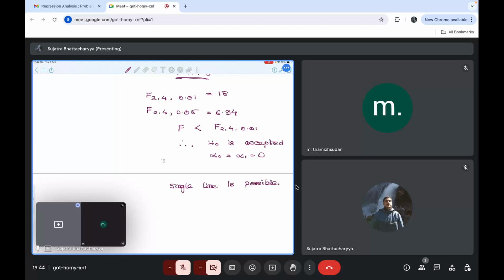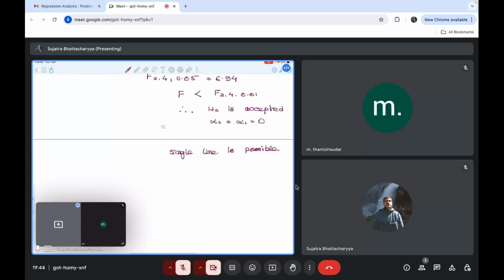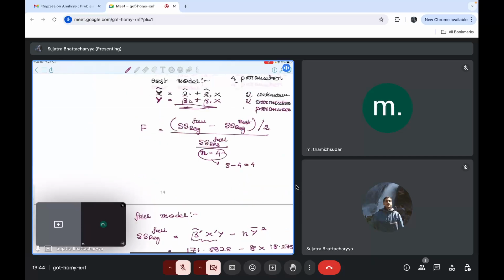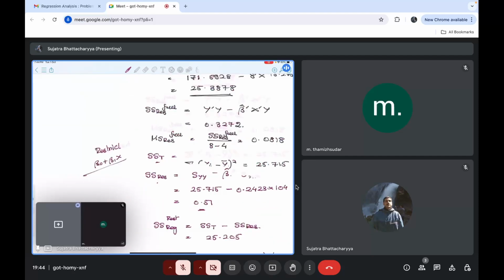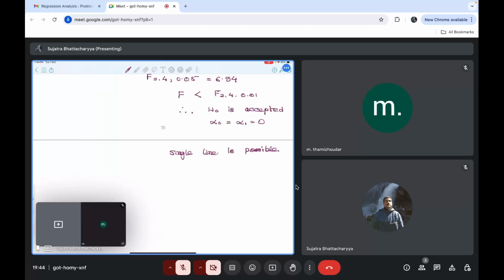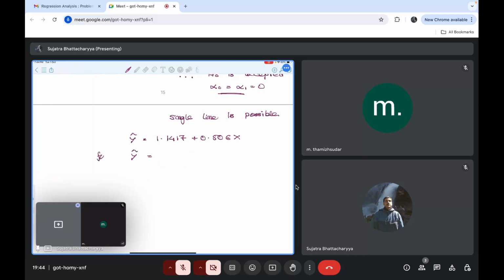Okay. So, just you can write whatever we have got using this beta hat. If you look at that, y hat is 1.1417 plus 0.506 x minus something z, zx. All this will be 0 in this case. So this will be the line. And what we actually got for all the data earlier is 1.075 plus 0.4923x.